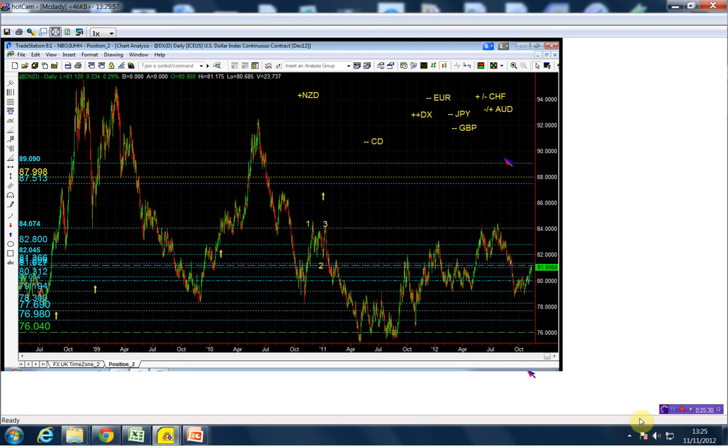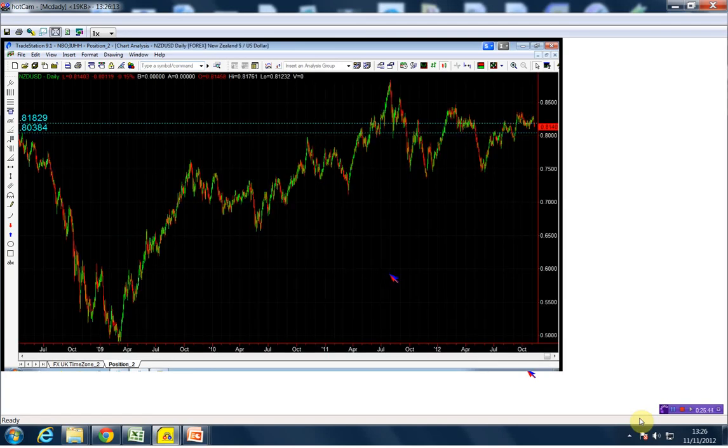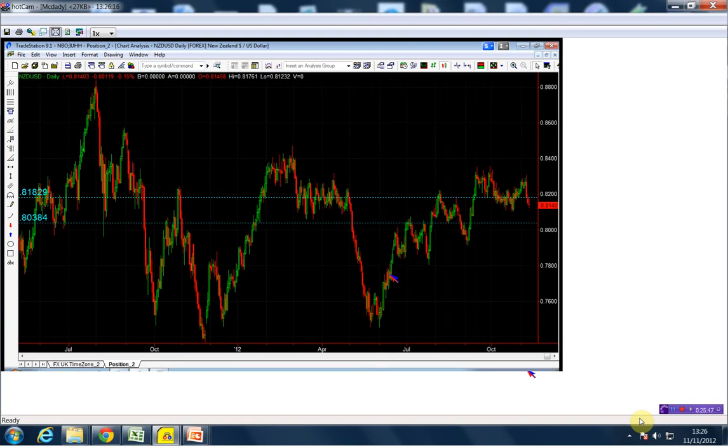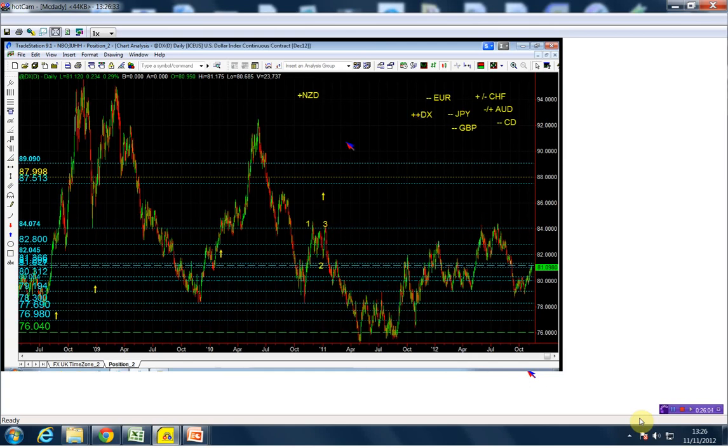Okay, I'm going to put the dollar, and the New Zealand is basically also on a sell. I'm going to look at the New Zealand later, but the way we're going to plan our trades this week, we're looking to be buyers of the US dollar.